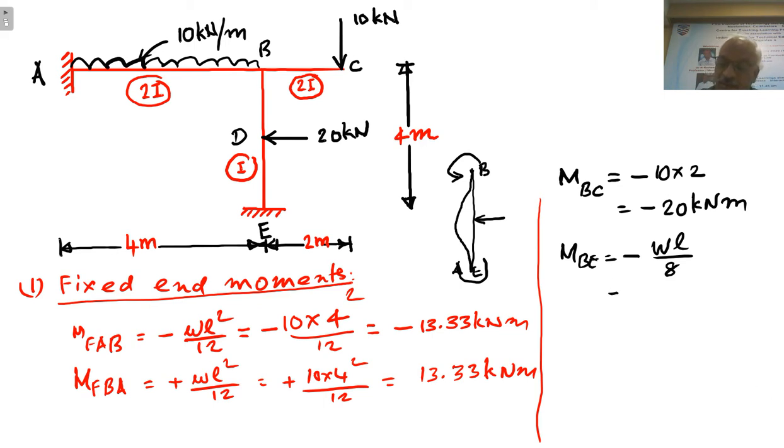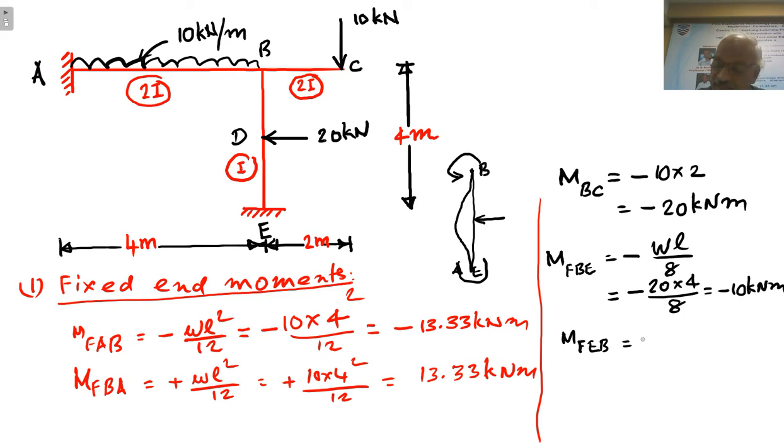So MBE equal to minus WL by 8, equal to minus, W is 20, into 4 by 8, equal to minus 10 kilonewton meter. And the fixed end moment MF EB, here it is plus.